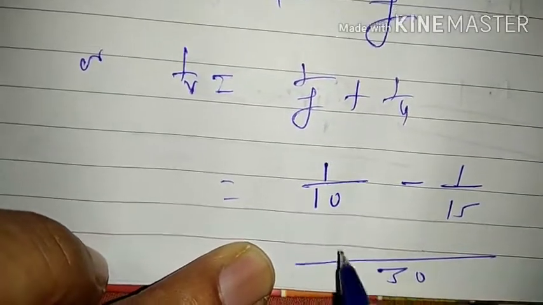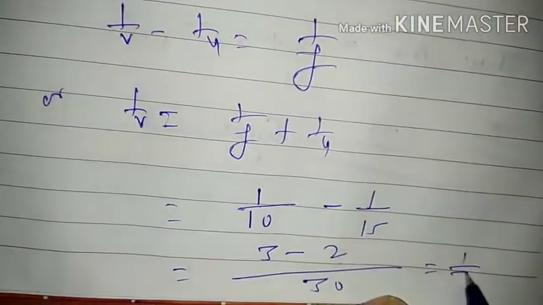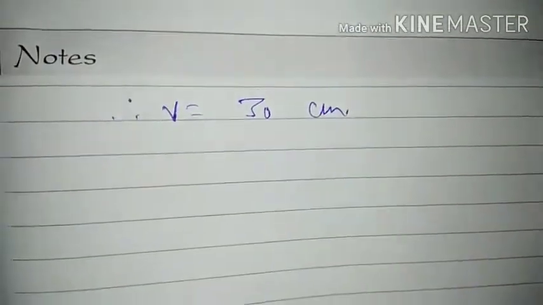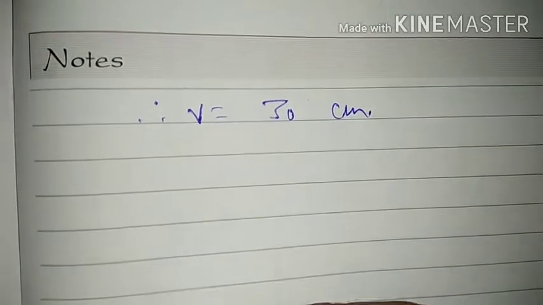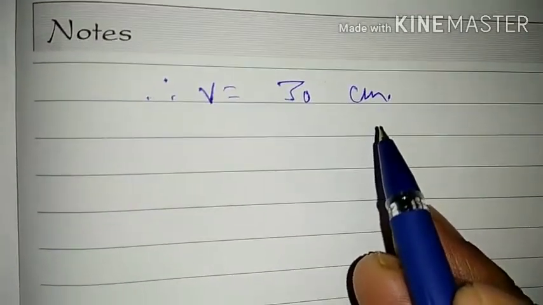So here 3 minus 2, this is equal to 1 by 30. And 1 by v is equal to 1 by 30. Therefore v is equal to 30 centimeter. The unit of u is centimeter, f is in centimeter, that is CGS unit, so the unit of v will also be centimeter.